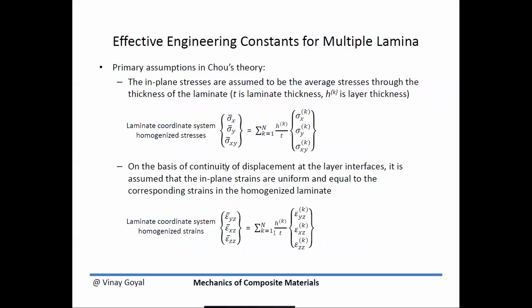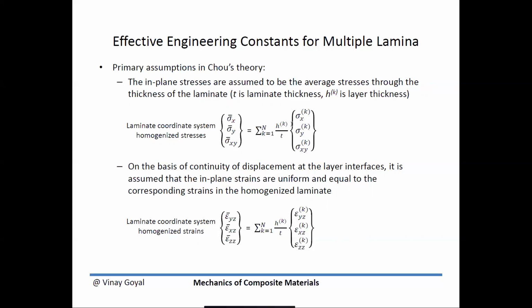The next two assumptions are that the in-plane homogenized stresses are assumed to be an average stress through the thickness. So if I know the stresses at every ply, and I know the thickness of each layer divided by the laminate total thickness, then the homogenized stress in the laminate coordinate system can be written in this manner.